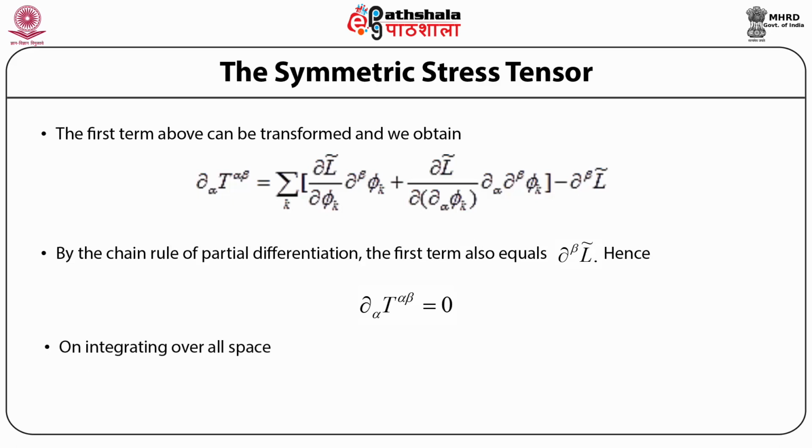On integrating over all space, 0 equals the integral of ∂_α T^{αβ} d³x, which equals ∂_0 ∫T^{0β} d³x plus ∫∂_i T^{iβ} d³x.